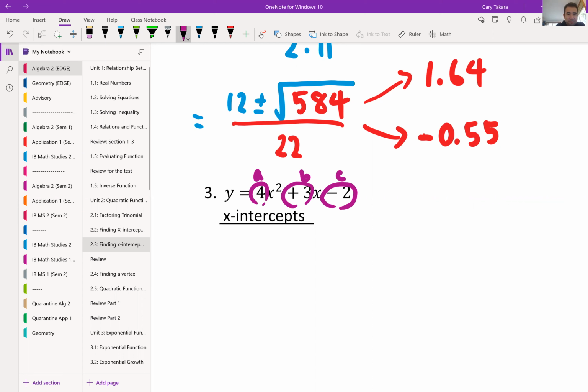So first entry calls for opposite of B. Now what's B? B is positive 3, so it's going to be negative 3 plus minus the square root of 3 squared minus 4.